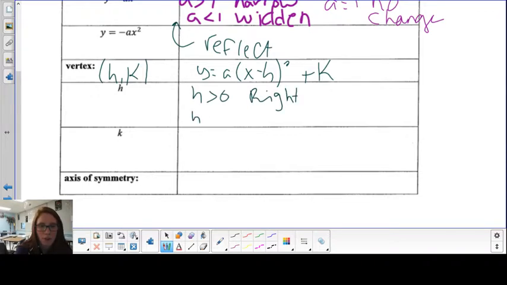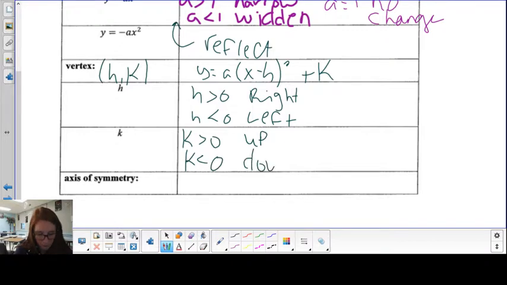If my h is less than 0, it goes to the left. If my k is greater than 0, it goes up. If my k is less than 0, it goes down. And again, my axis of symmetry is x is equal to h.